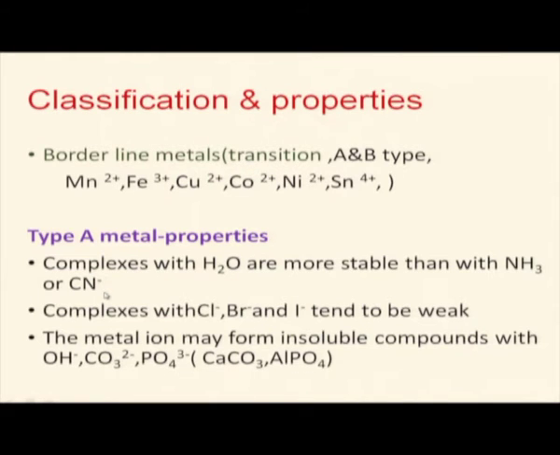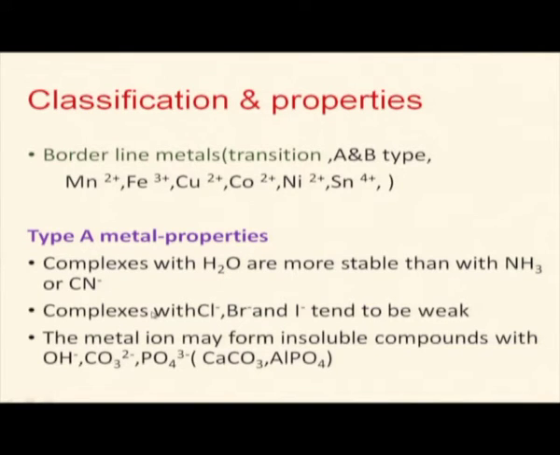Looking at some of the properties of metal complex formation and its ability, the complexes of type A metals with water in an aqueous system are more stable than with nitrogen or carbon as a ligand, ammonia or cyanide for example. Here water is a ligand, and in comparison with nitrogen or carbon, these type A metals form more stable complexes with water as a ligand.